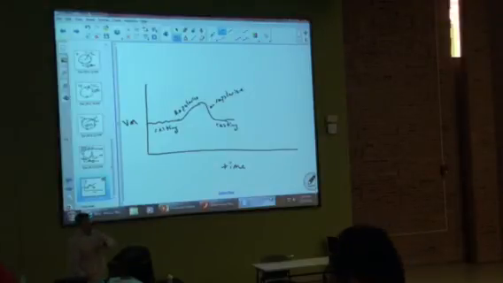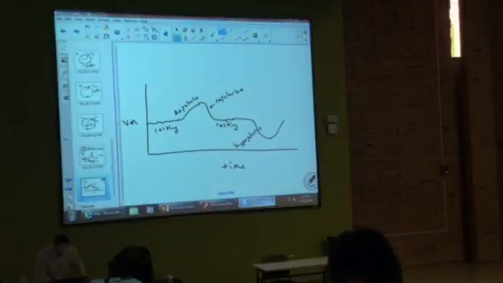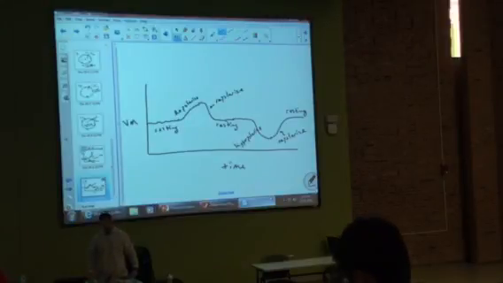Repolarize is coming back toward resting after a change has occurred. What's that called? We're getting more negative, that's called hyperpolarize. And when we return back towards resting again, that too is repolarization. So after a change has occurred, if membrane potential returns back to normal, I don't want to say normal, to resting, that's repolarization.